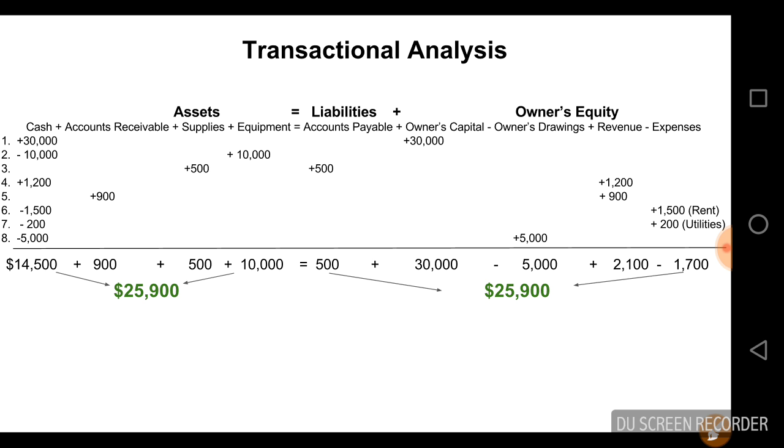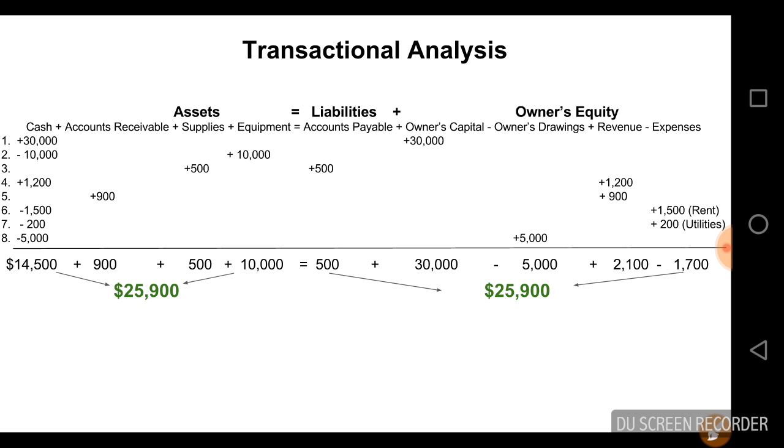The company has $500 in supplies. We add the supplies and we add the equipment that was purchased, $10,000 of equipment on the books, and we come up with a total of $25,900 in assets. So it is safe to say that this company has $25,900 in assets.